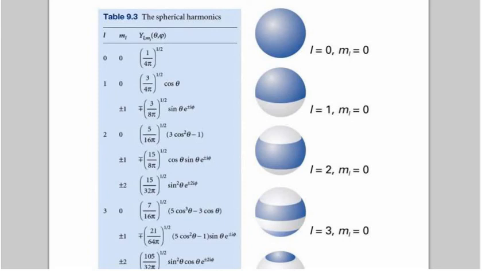As I keep on changing the value of theta and bring it to 90 degrees, the value of cos theta is 0, and then when I change from pi by 2 to pi, the value goes from 0 to minus 1. So all that this figure is showing you is the phase of the wave function, whether it's positive or negative.